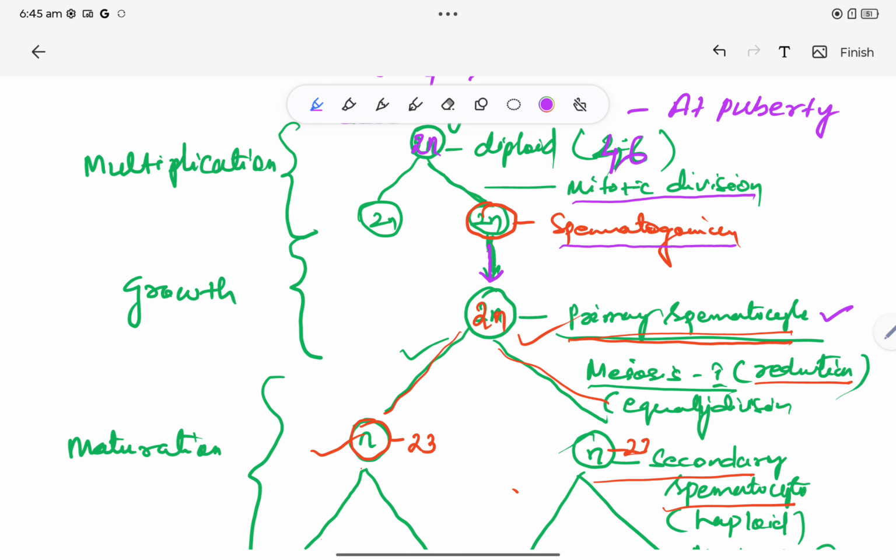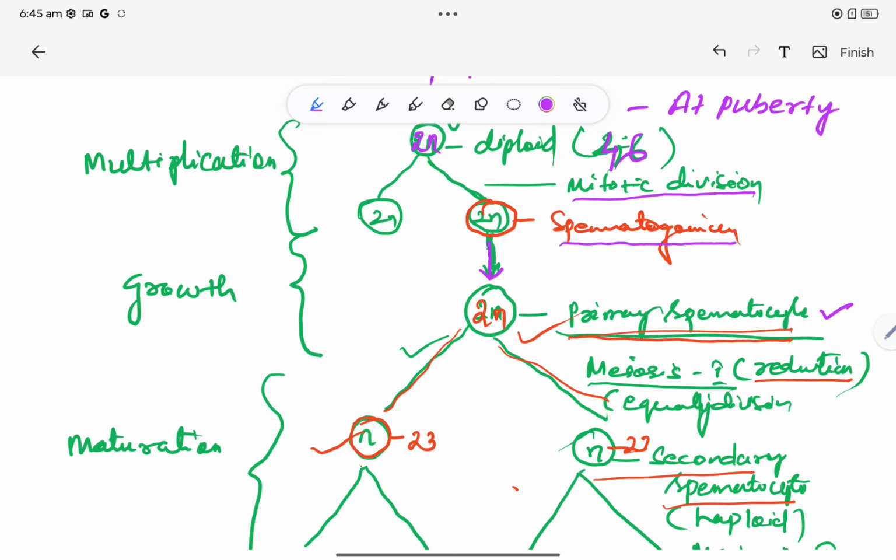There is no division, so the ploidy remains as it is, that is 2n. So this phase is known as growth phase. And before this phase, mitotic division was taking place and multiplication of spermatogonia was taking place, so it is the multiplication phase.